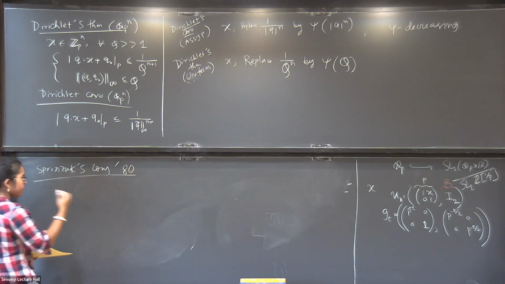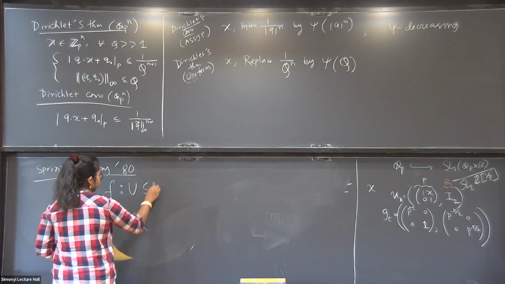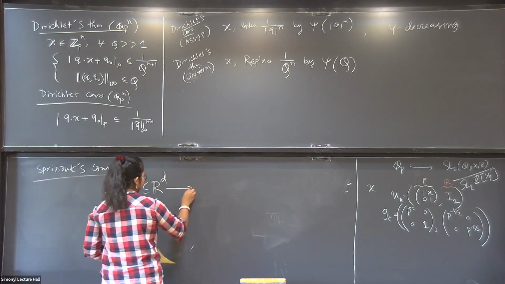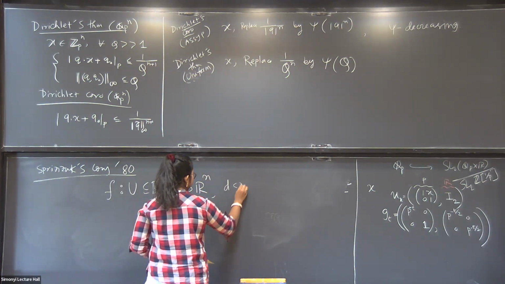Let's say you have a function f from an open subset of Rd to Rn, where d is less than n.